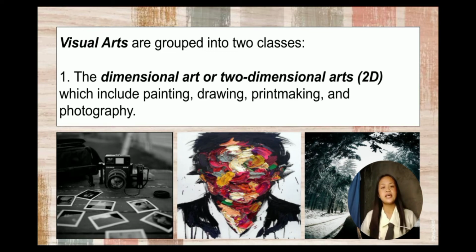So, first, the two-dimensional art, also called 2D. It is called two-dimensional art or 2D because the composition of that artwork possesses only two dimensions, the length and the width. It has no depth, which includes painting, drawing, printmaking, and photography.